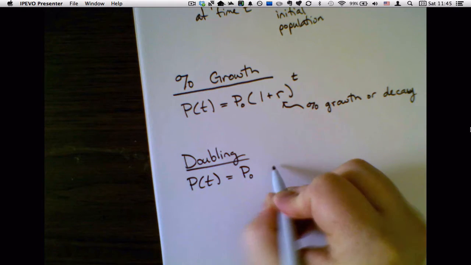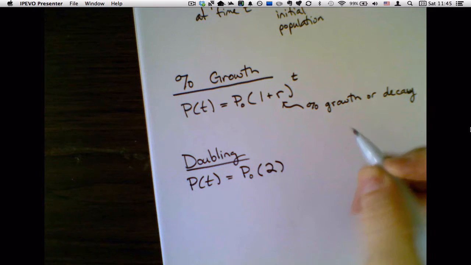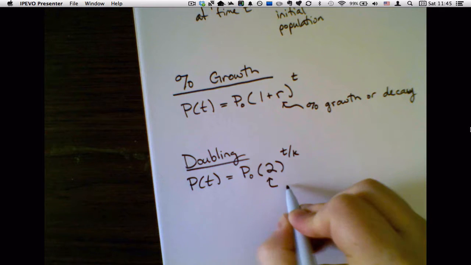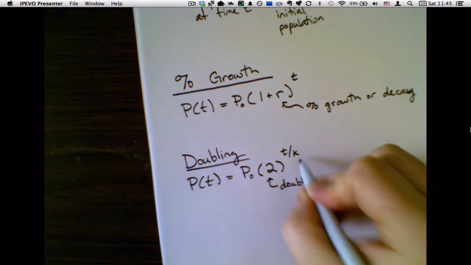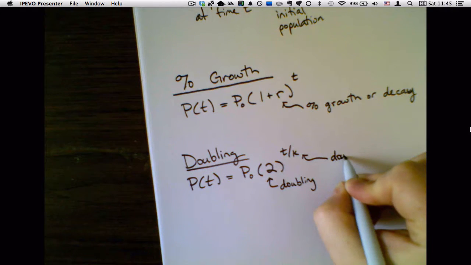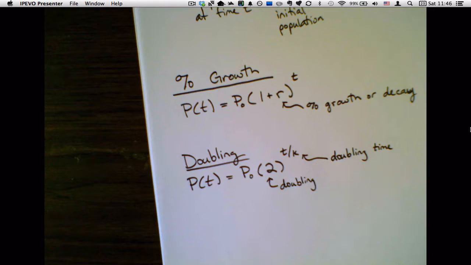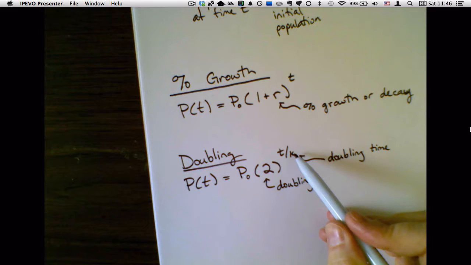The population at time t is equal to your initial population times 2 to the t over k. 2 because it's doubling, and k is the doubling time. For example, if your population doubles every 5 years, this number would be 5.